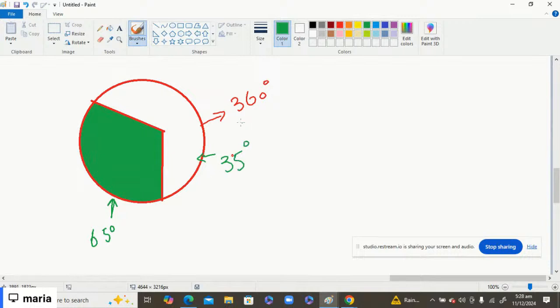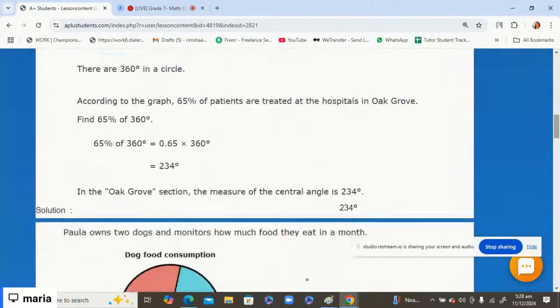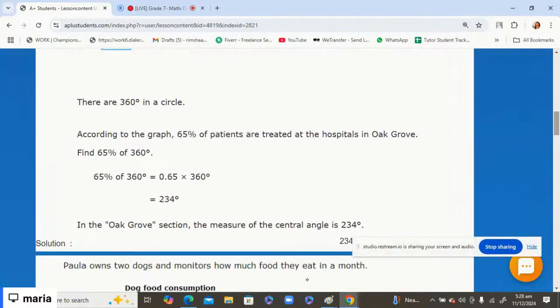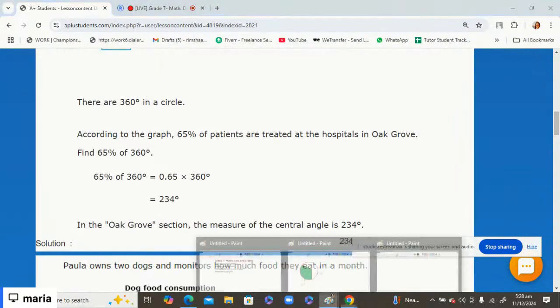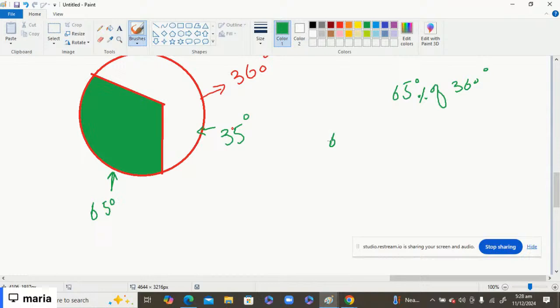This full circle is 360, so we are going to find 65% of 360. Understand? Not 65% of 100, but 65% of 360.